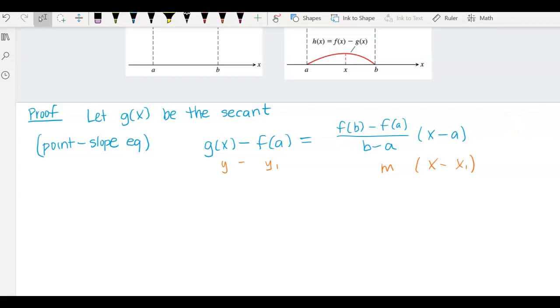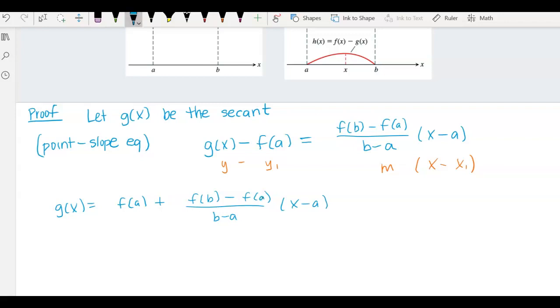I'm going to move the f of a onto the left-hand side. Plus f of b minus f of a over b minus a, times x minus a. Okay, I just moved the f of a over onto the right-hand side.